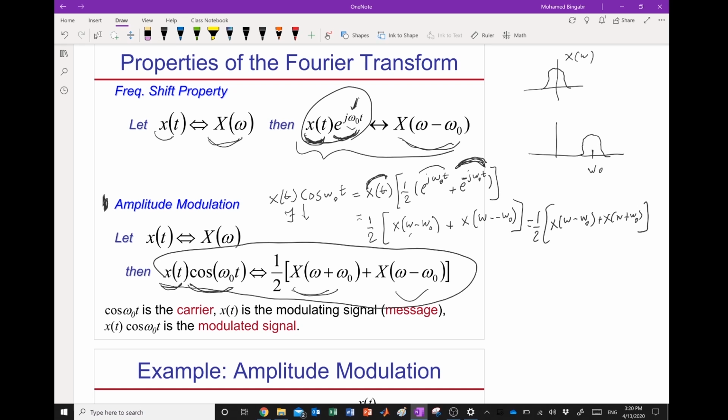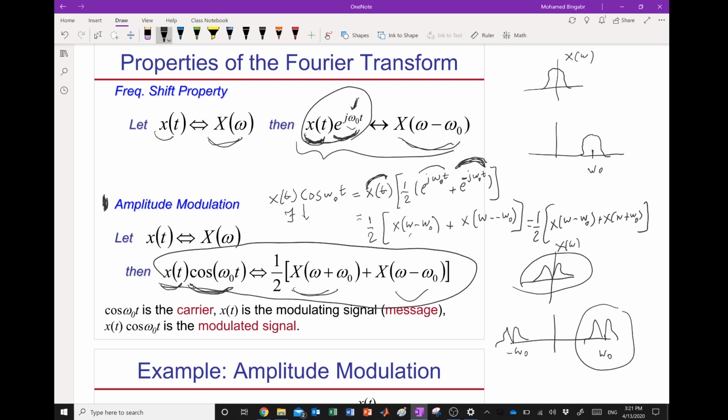If I have the spectrum x of omega of a speech signal that probably looks like this, and I multiply the speech signal by a cosine of high frequency, omega 0 could be 2 pi a million hertz or 2 pi 100 million hertz, that means this spectrum will be centered around omega 0 and minus omega 0. So you shifted the original spectrum to a higher frequency range.